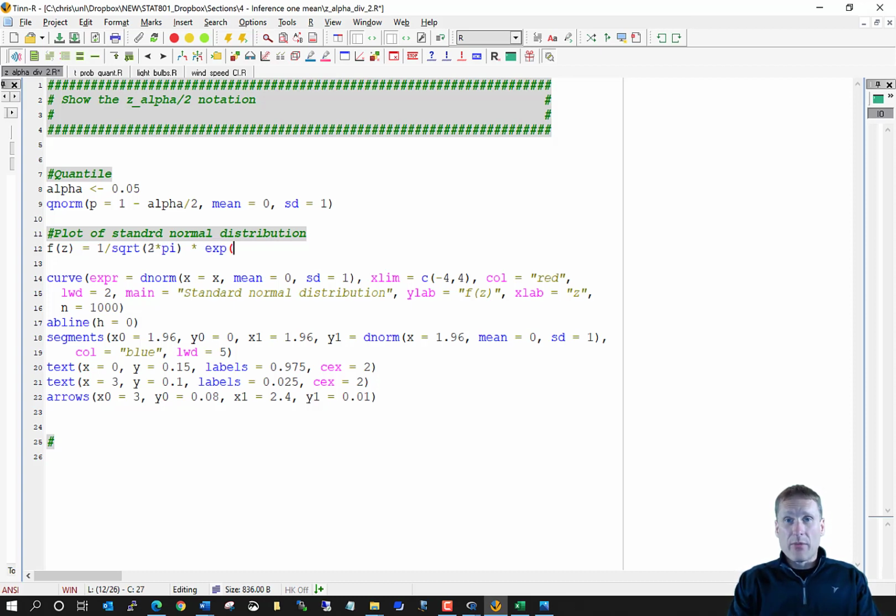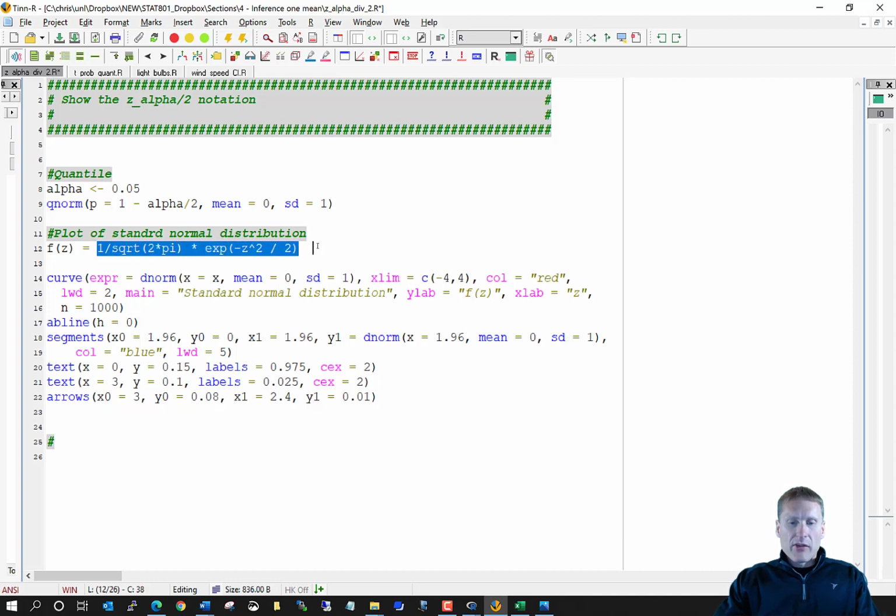That's what that e represents there. And I can get that in R from using exp. So negative z squared, that quantity divided by 2.